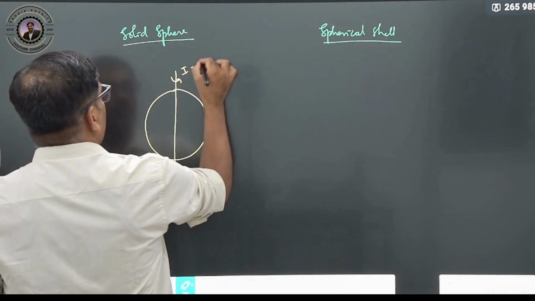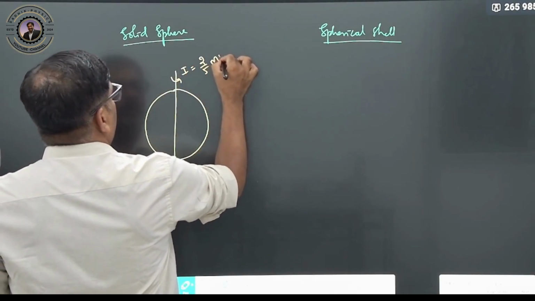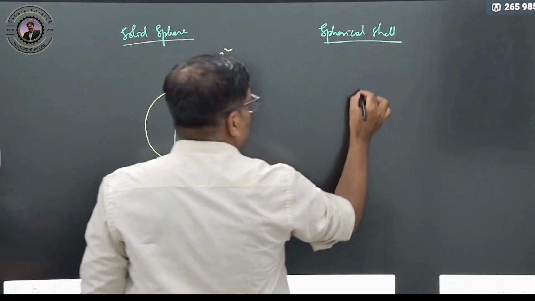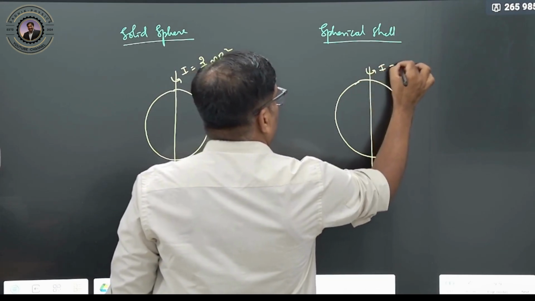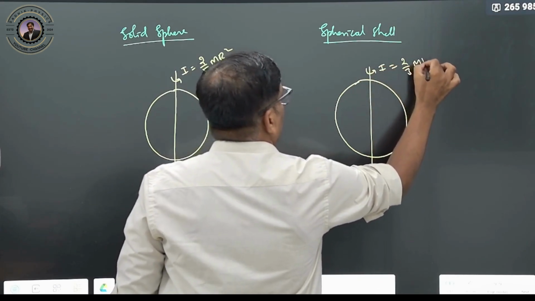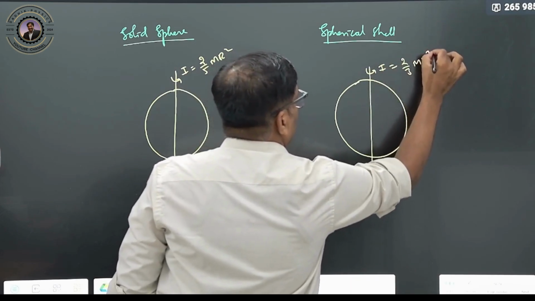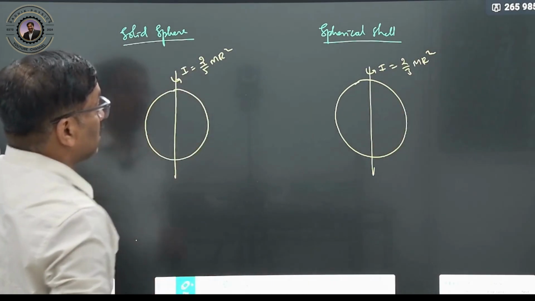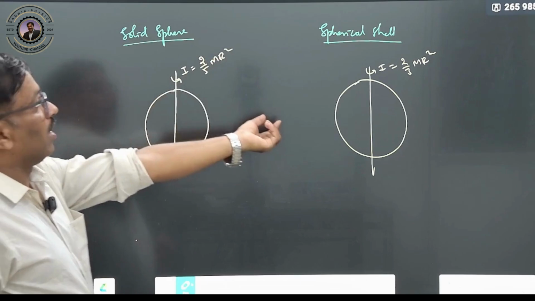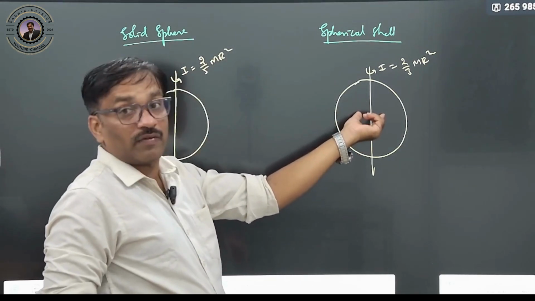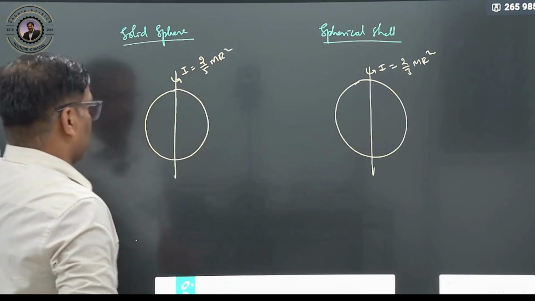It will be equal to 2 by 5 MR square. But for the hollow sphere, the moment of inertia will be equal to 2 by 3 MR square. So 2 by 5 means 0.4. Again, for the hollow spherical shell the moment of inertia will be larger. So you can remember this.